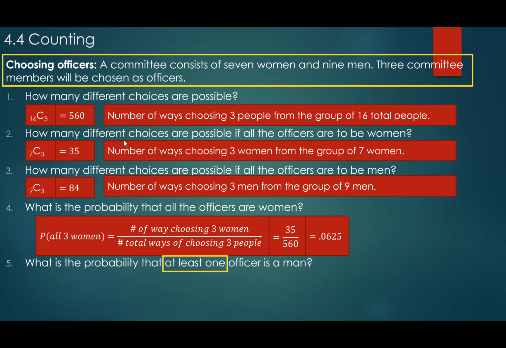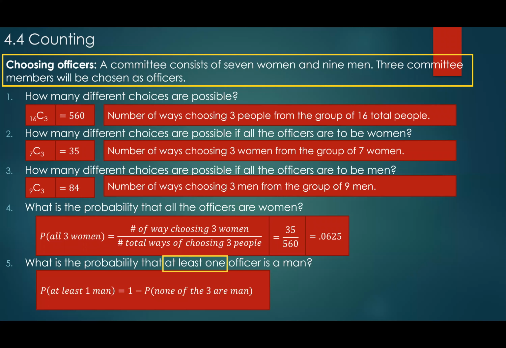If you remember the at least one formula, it tells me that I need to find the probability of none. Probability of at least one man is equal to 1 minus the probability of none of the 3 people being men. Do you agree that none of the 3 being men is the same as all 3 of them being women?